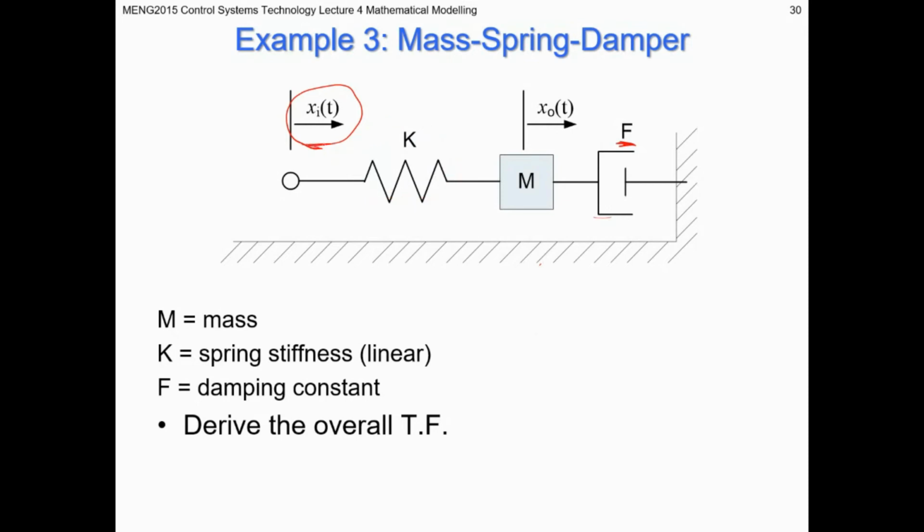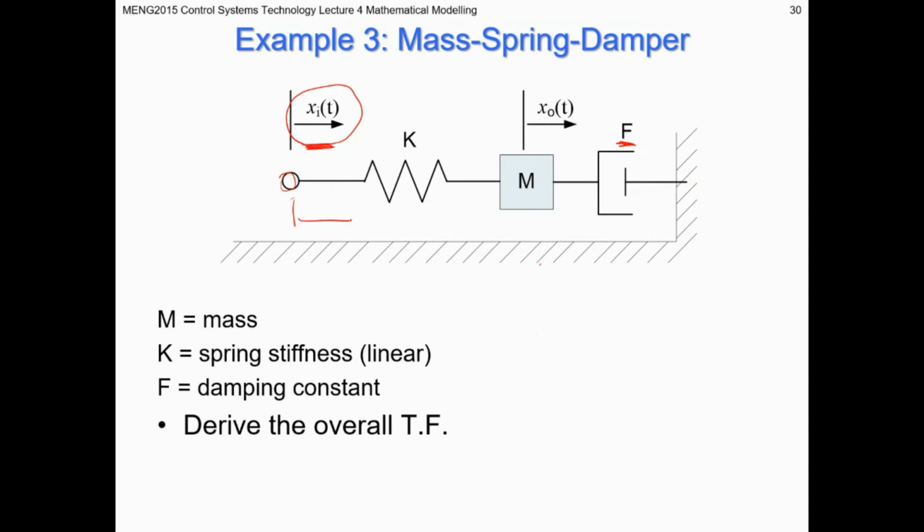And the input, as I said, is applied here. So if this end is displaced by some value xi, then what we're interested in, bearing in mind that the damper is attached to a rigid element, so this can't move, this is rigidly attached to the end wall, is the motion of x out, right?